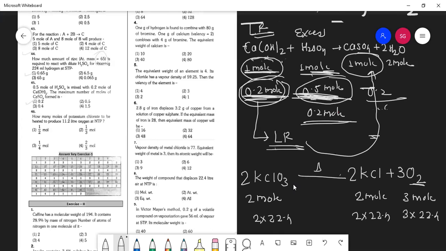This is moles only. But instead of this many moles, they have given oxygen moles only, 11.2. And they asked moles of potassium chloride.